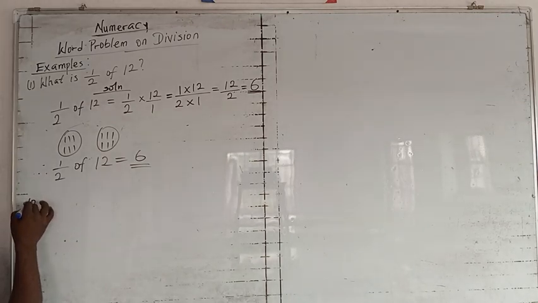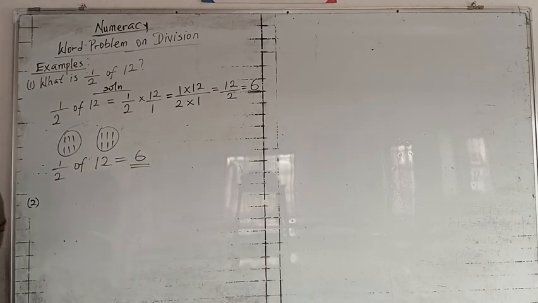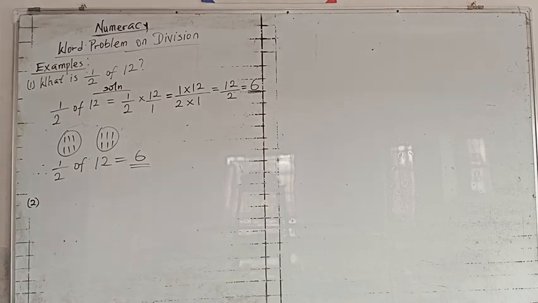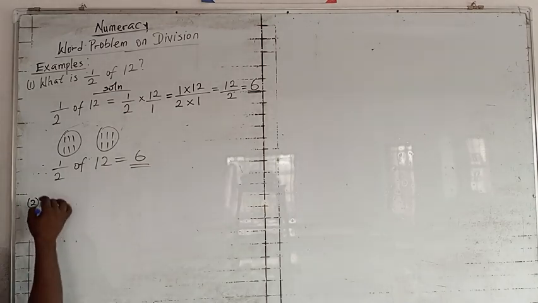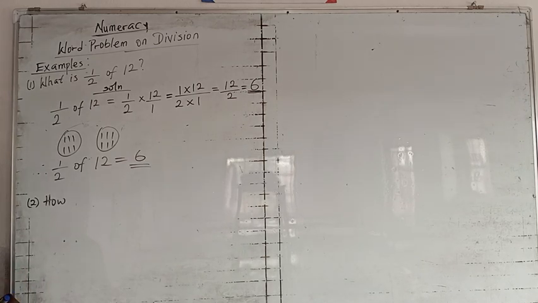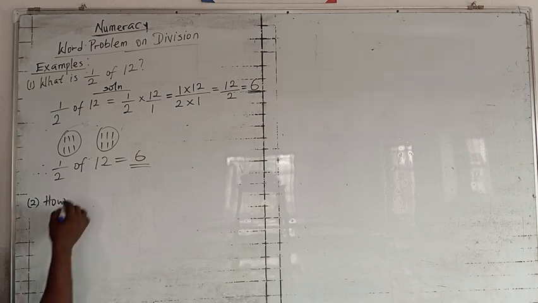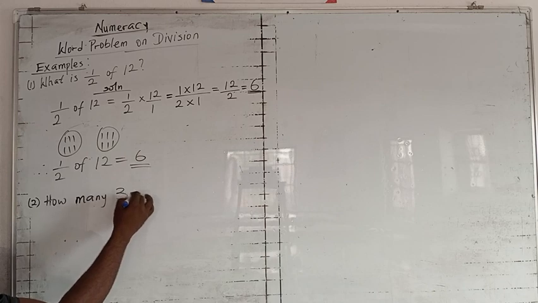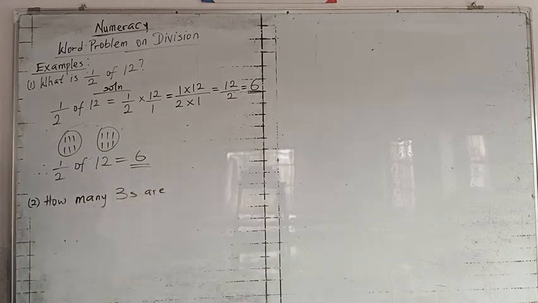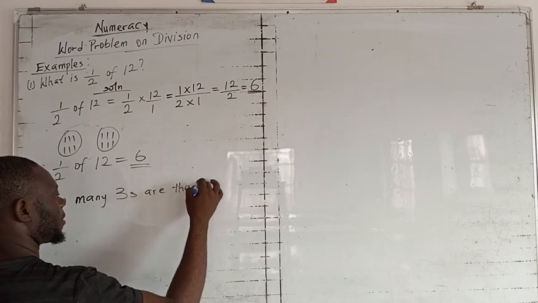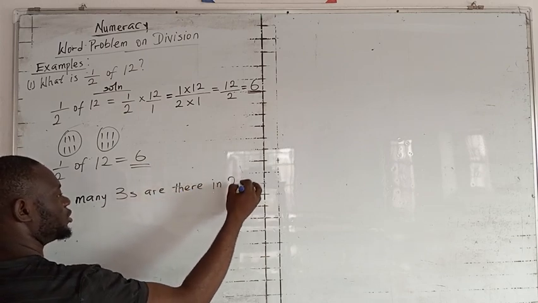Number 2. Let's look at this. It says: how many threes are there in 21?